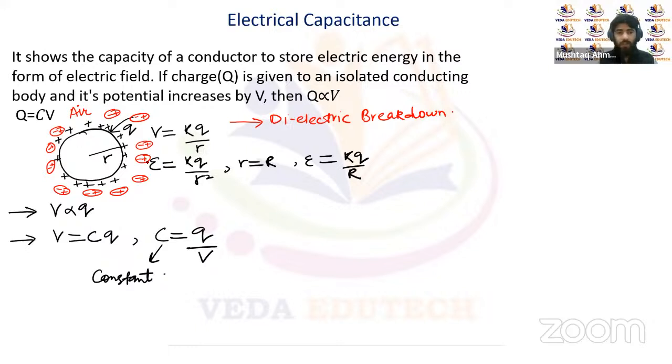It means that whatever charge we supply after that will be neutralized by these negative charges, while the positive charges, because of the dielectric breakdown, will move away from this conductor. We can say that the conductor leaks charge.